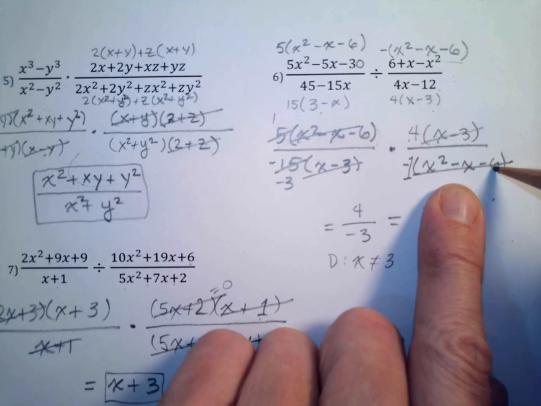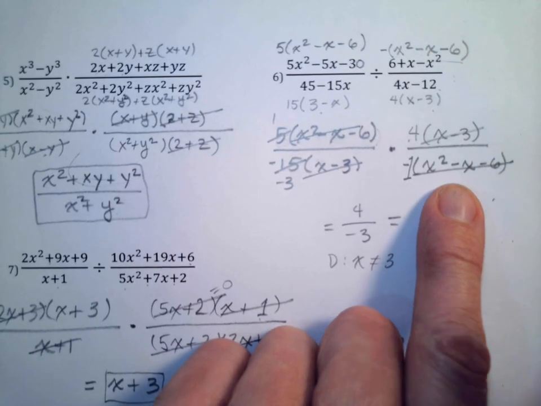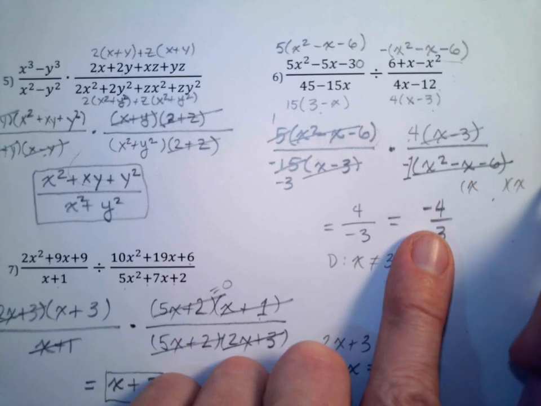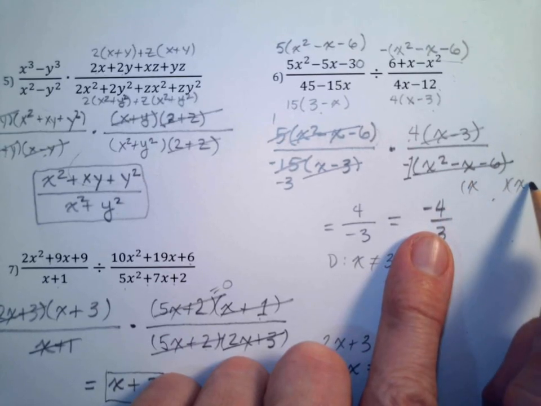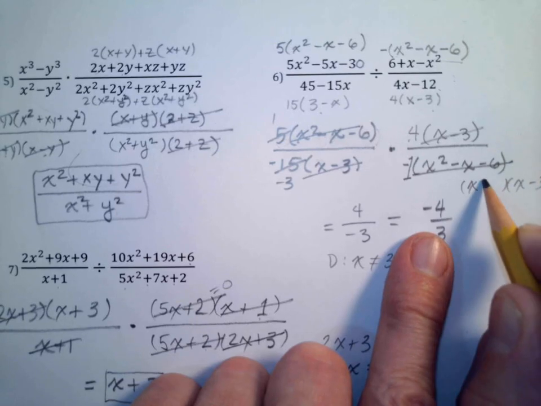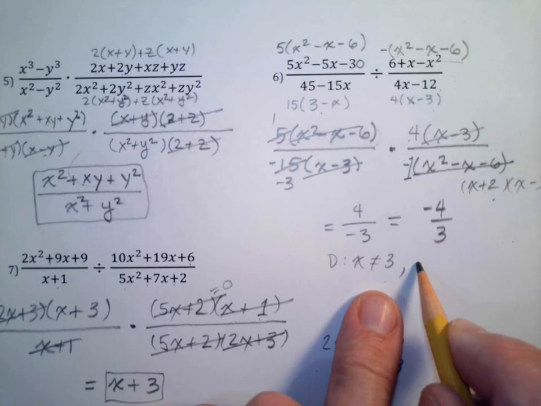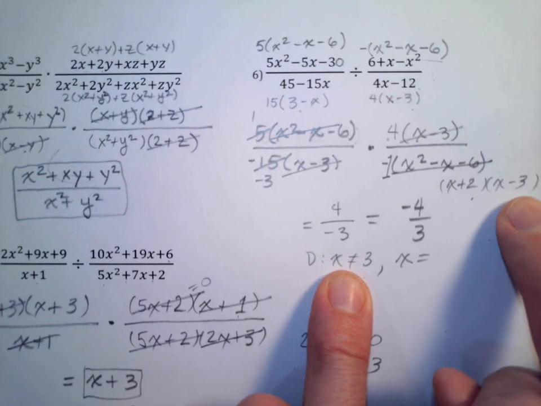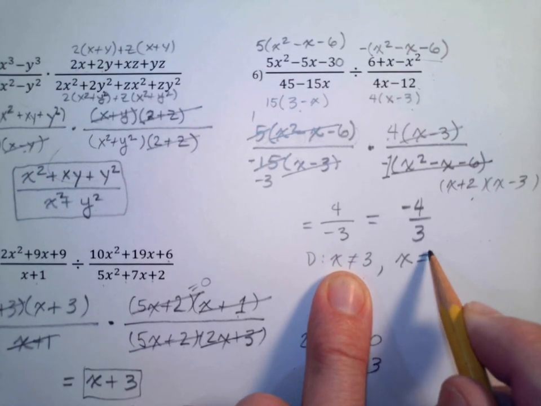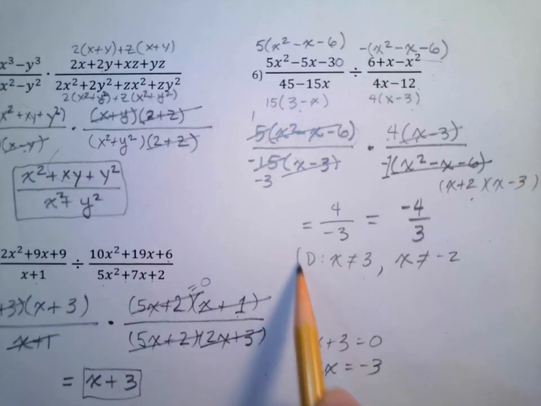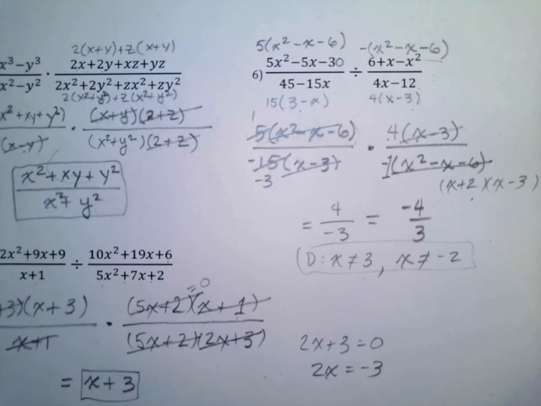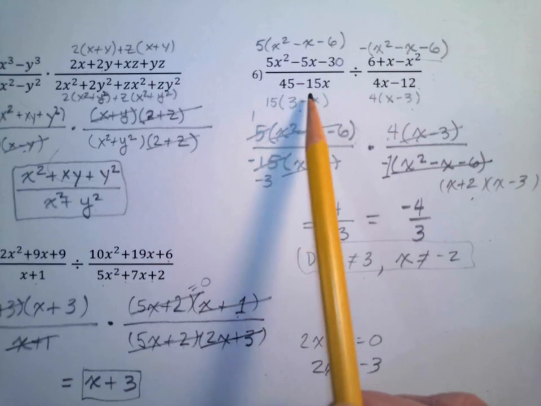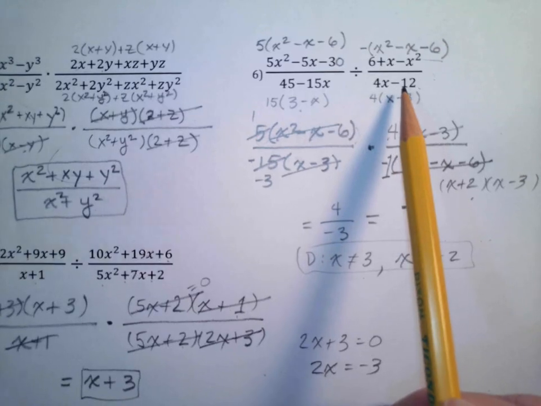And then this stuff down here, we never did factor that to figure out what it was. If we factor that real quick, we have x and x, the different signs, so it's going to be -3 and +2. So x cannot equal, we already took care of the 3 here, but x cannot equal -2 as well. It would be the domain for that one. Okay, so just any denominator. This is a denominator in the original problem.